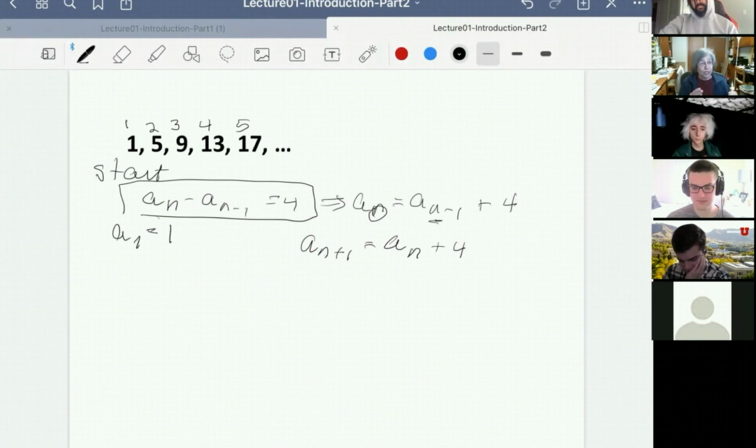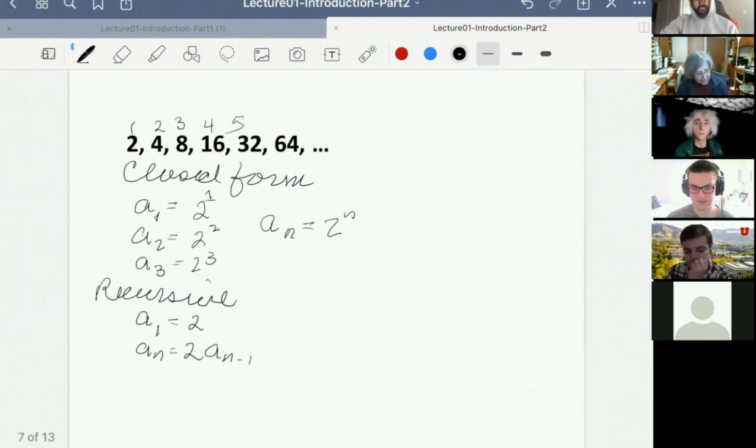But in the closed form, I just look at the place in the list and the formula that defines it, and that tells me all I need to know. I don't need to know the previous one. So, for example, in this case, we said A sub n is 2 to the n. So I can fill out A sub 5 right away.